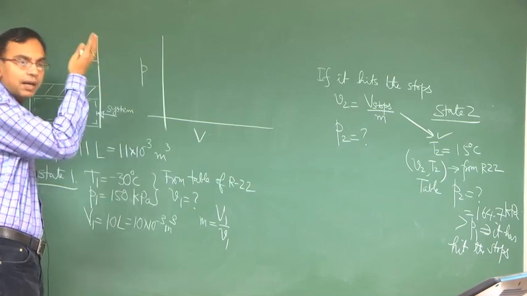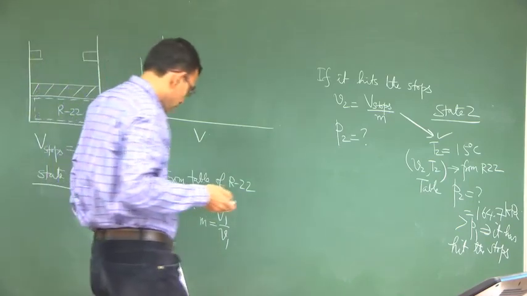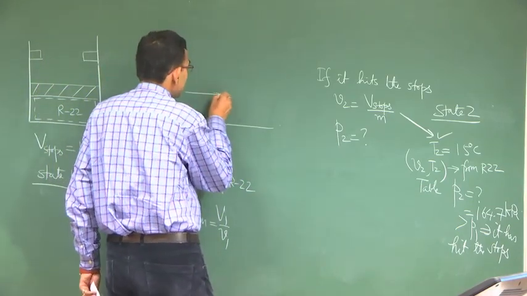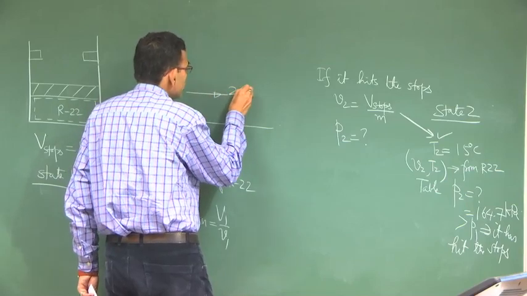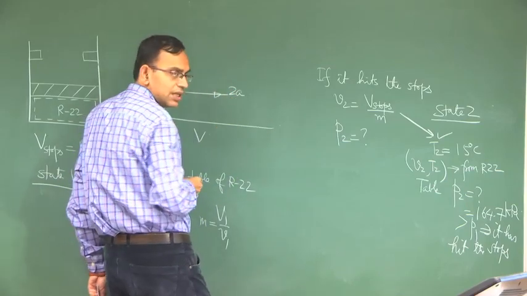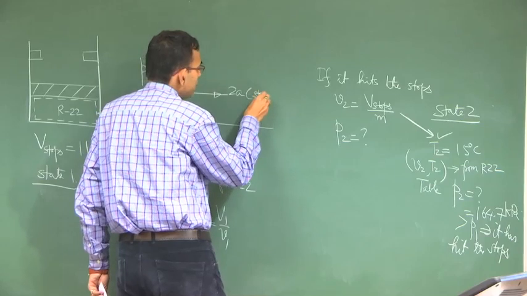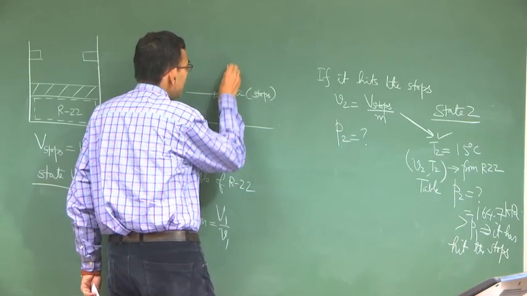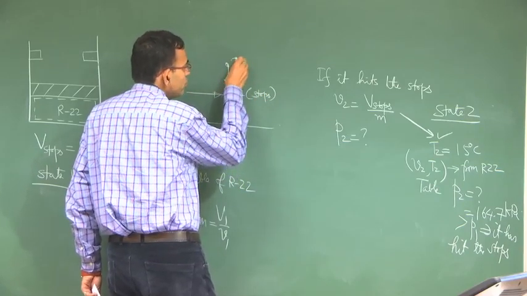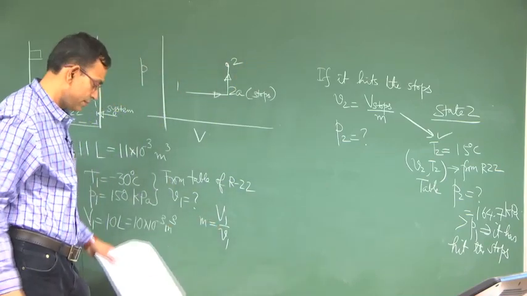So its pressure will build up inside. The PV diagram will look something like this: 1 to 2A is basically the stop, and then from here to state 2 the pressure will rise.